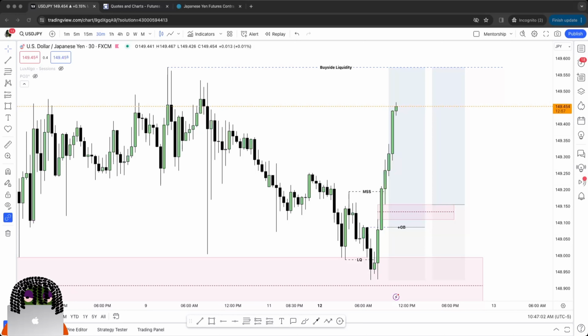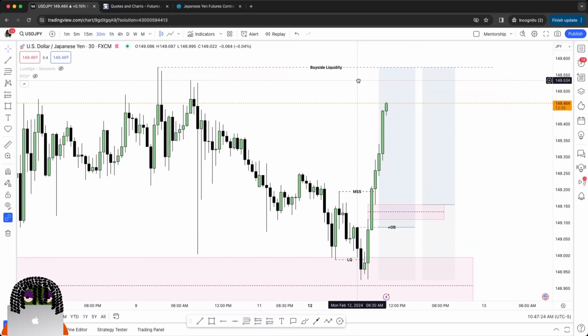Yeah, like I was saying, if my buy side gets taken out before it trades back here, then I'll just leave it alone. It is what it is.